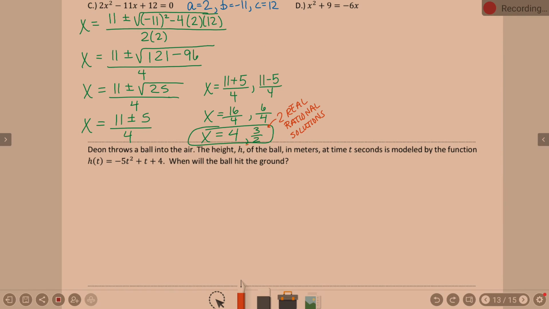Rational means it can be expressed as a fraction. 3/2 is a fraction, yes. Can 4 be expressed as a fraction? Yes. So we have two real rational solutions there.